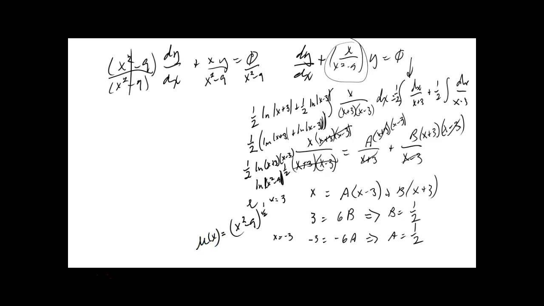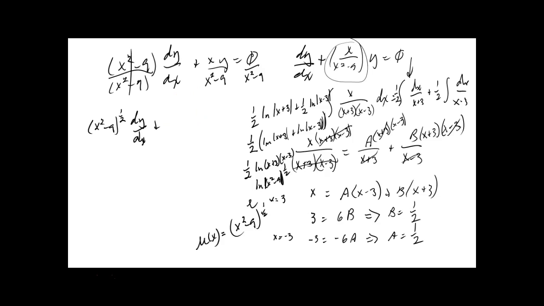Okay? So what are we going to do? We're going to take our function and multiply it by it. So we're going to multiply by x squared minus 9 to the 1/2 dy dx plus, okay, now notice this one.